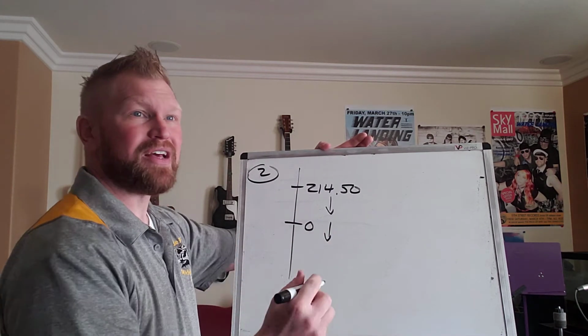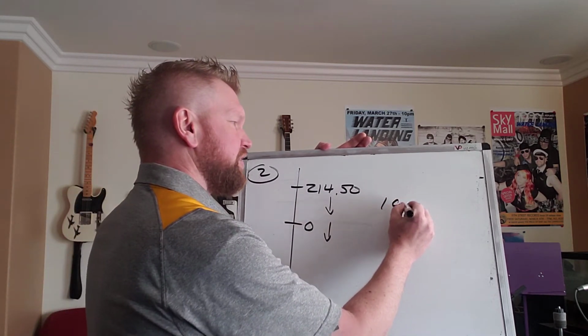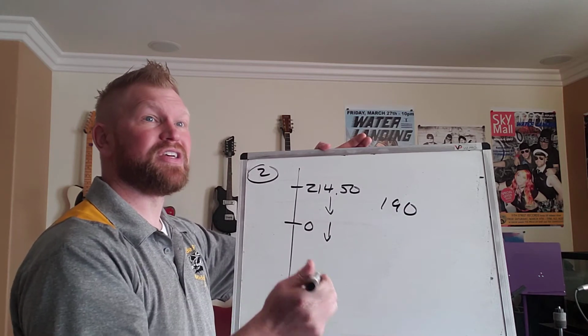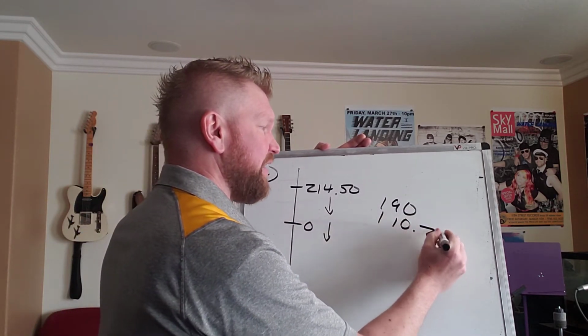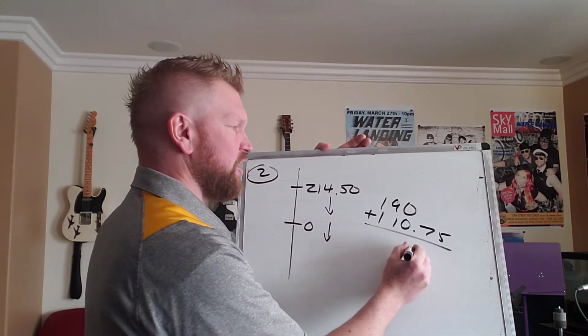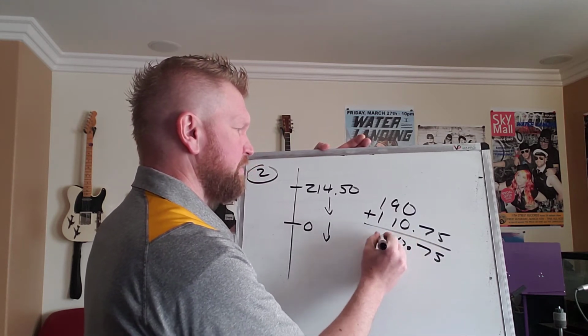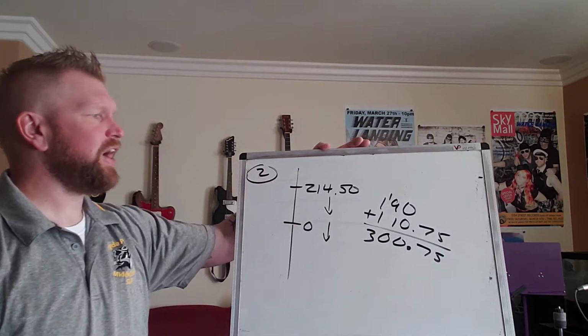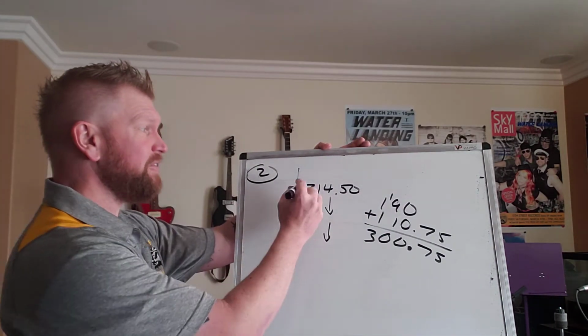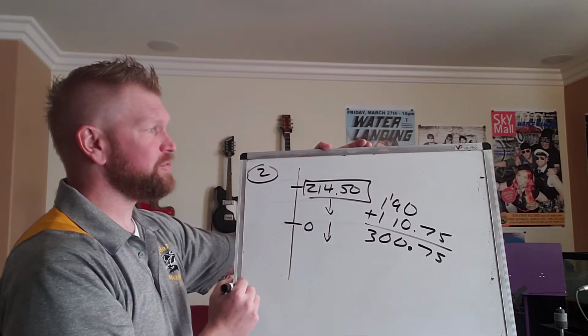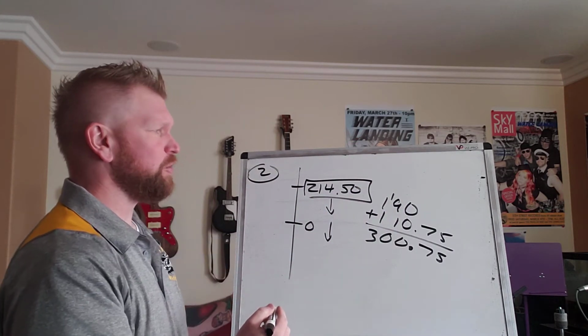In fact, let's see how much it totals in the purchases that she made. $190 and $110.75. So that's a total of $300.75 of purchases on the debit card. Notice she doesn't have that much money, so it's going to end up below 0. So how far below 0 will she end up?